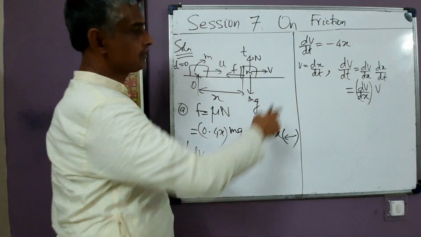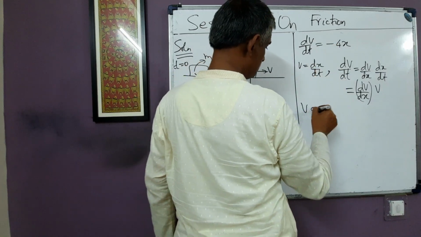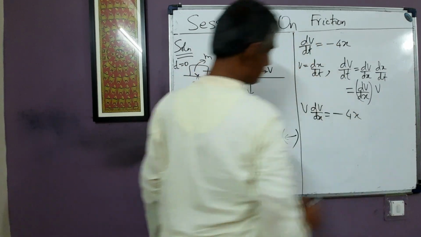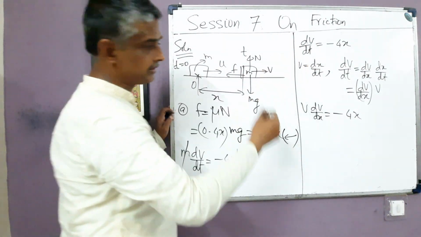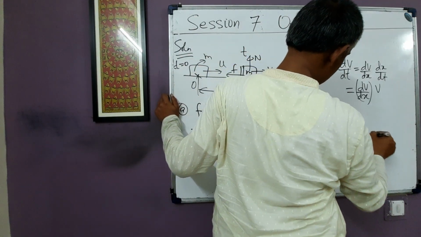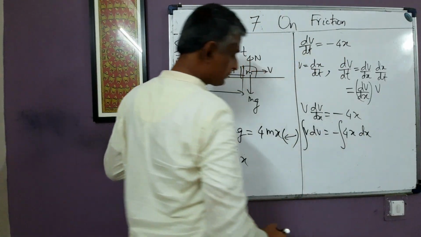So dv by dt becomes v dv by dx. Substituting here, v dv by dx is equal to minus 4x. Now shift dx that side: minus 4x into dx.